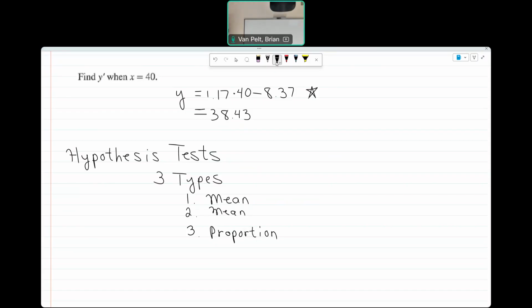One mean, where we know sigma. And the other one, where sigma is not known. And then the proportion doesn't really matter.